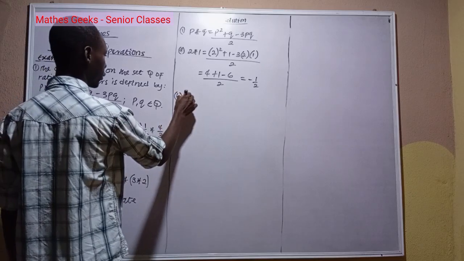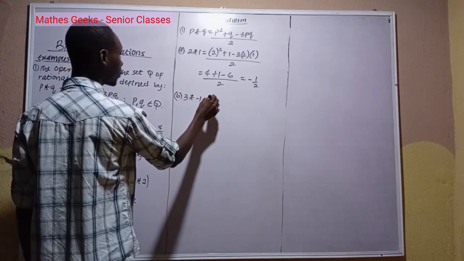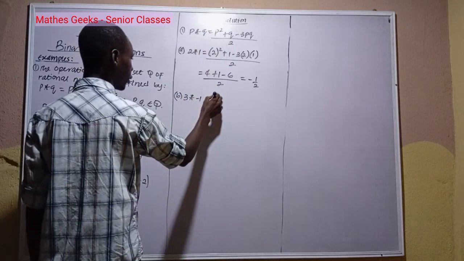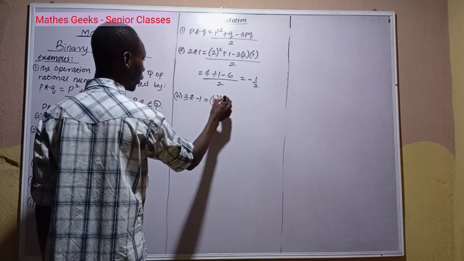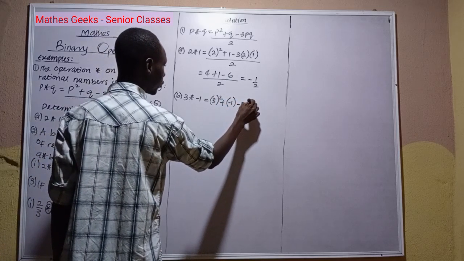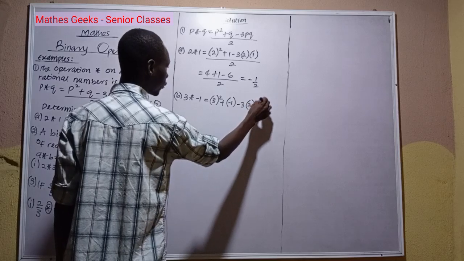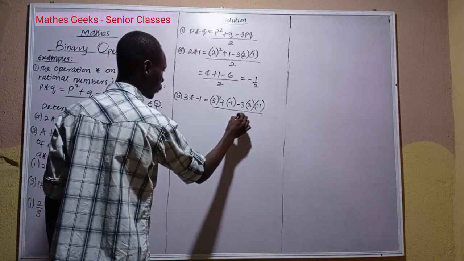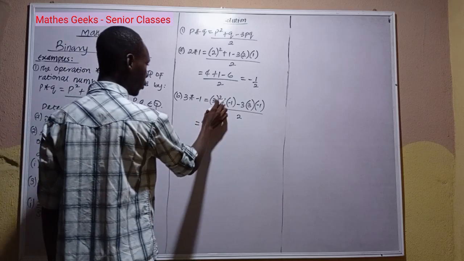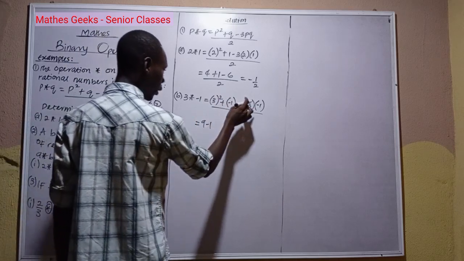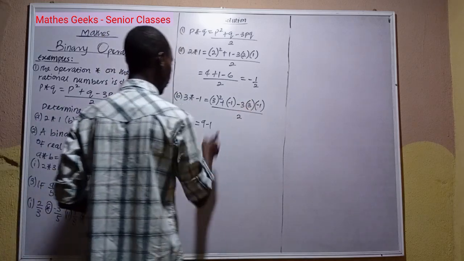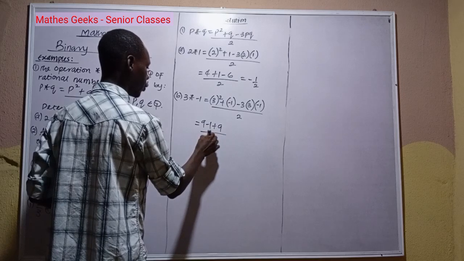B, 3 star minus 1. From our rule of combination, P is 3 and Q is minus 1: 3 squared plus minus 1 minus 3 times 3 times minus 1, over 2. 3 raised to the power 2 is 9, plus minus 1 is minus 1. Then 3 times 3 is 9, and minus 9 times minus 1 is plus 9, over 2.